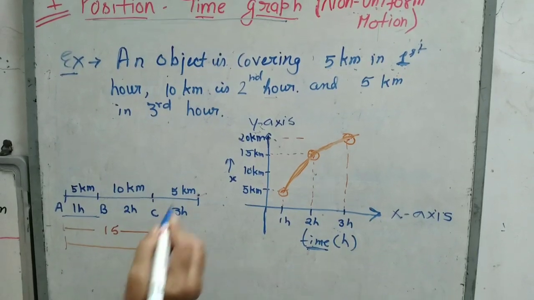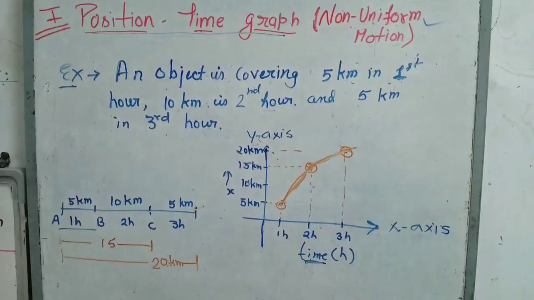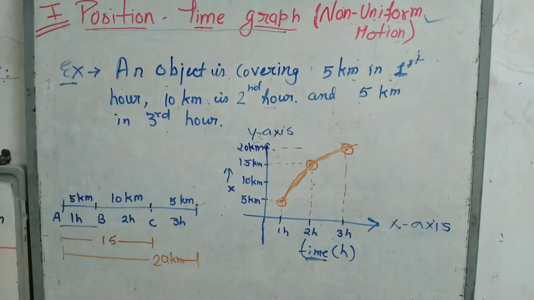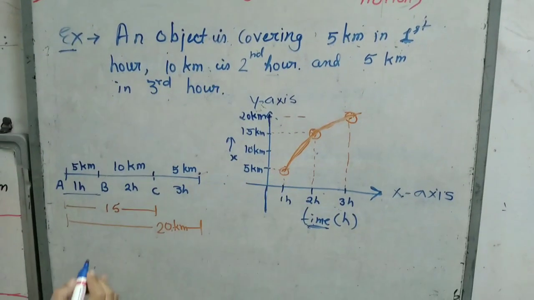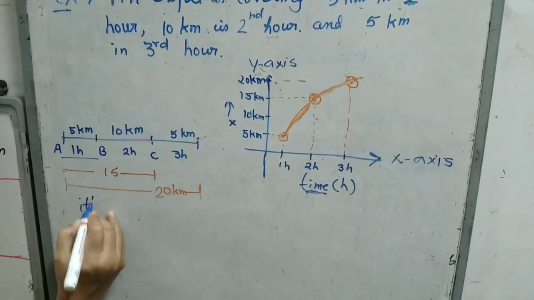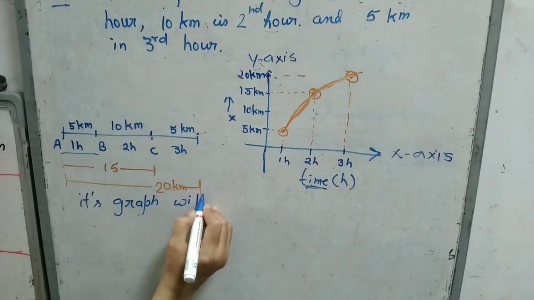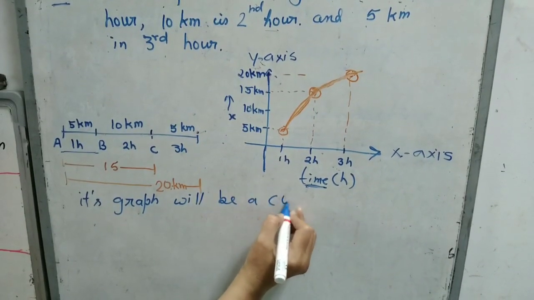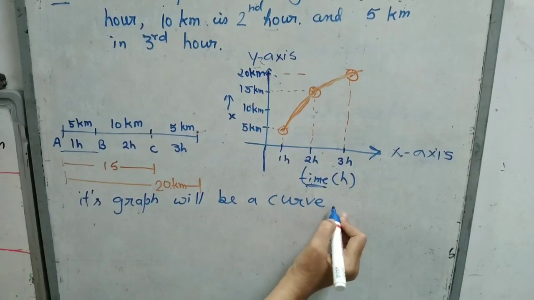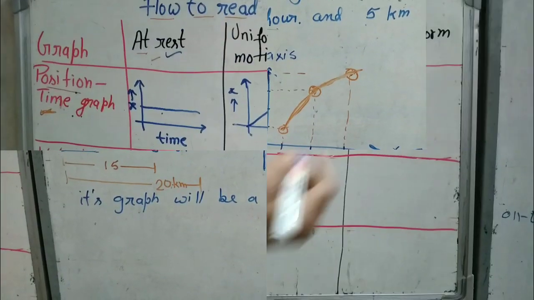So what conclusion have we got? We learned that when an object moves with non-uniform motion, its graph will be a curve line.